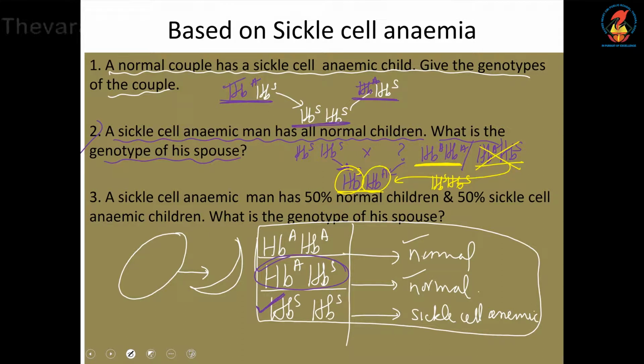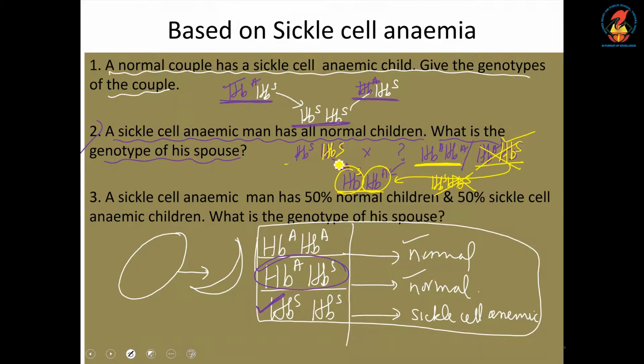So we can rule out this possibility of HbA HbS, because if this is going to be the mother, definitely one or two children will be having sickle cell anemia, because HbS can be contributed from the mother and from the father, which means the child can be sickle cell anemic. Here they are saying that all the children born are normal.